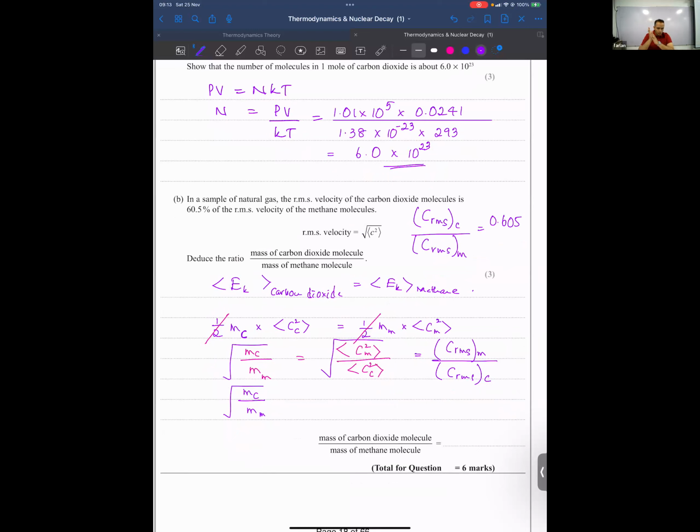Am I right? So what I have made here is the reciprocal of it, c_RMS methane over c_RMS carbon dioxide, which is supposed to be 1 over 0.605.